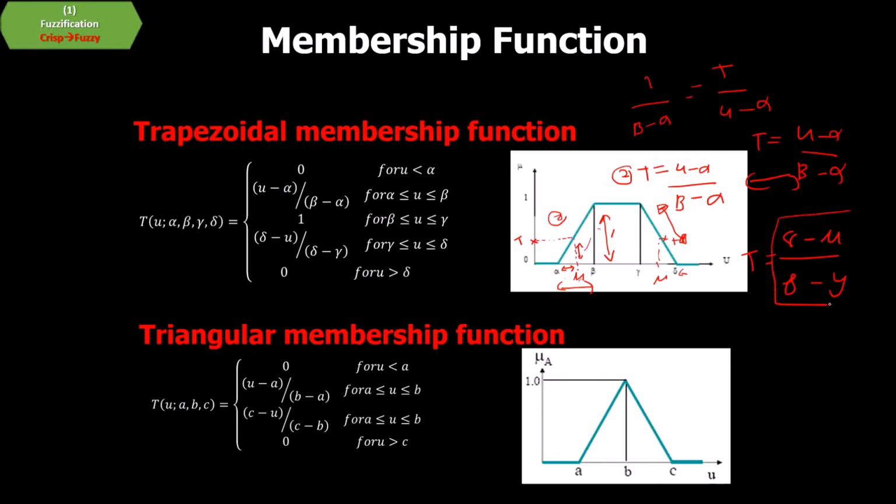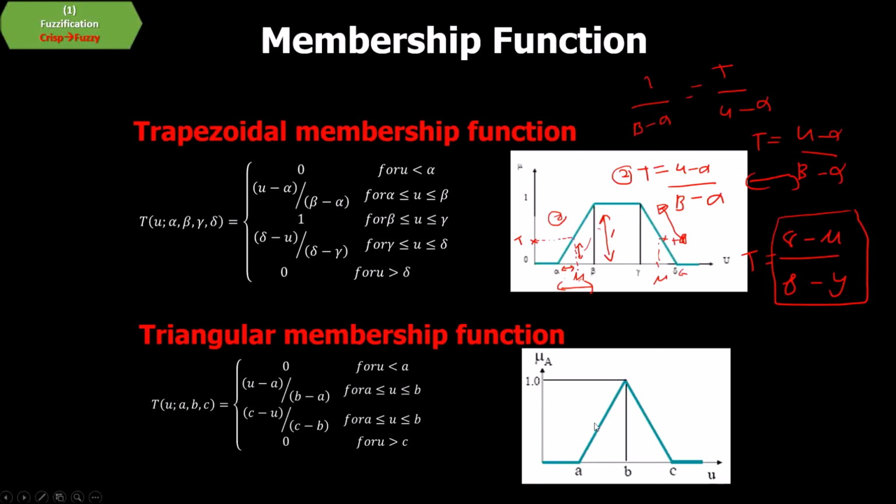So you have derived the membership function for this segment. That is the simple way you can calculate all the functions that represent the membership for every shape of membership function.